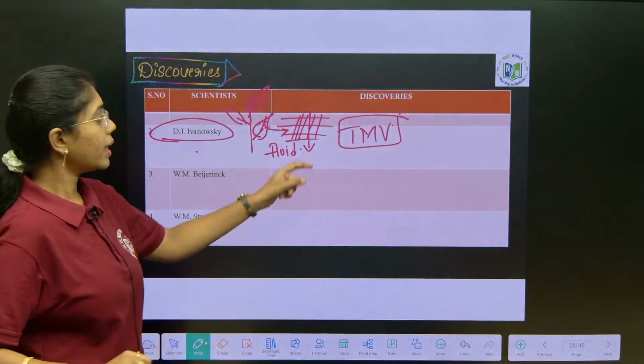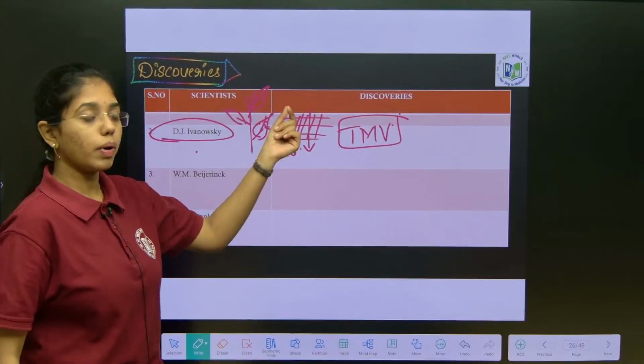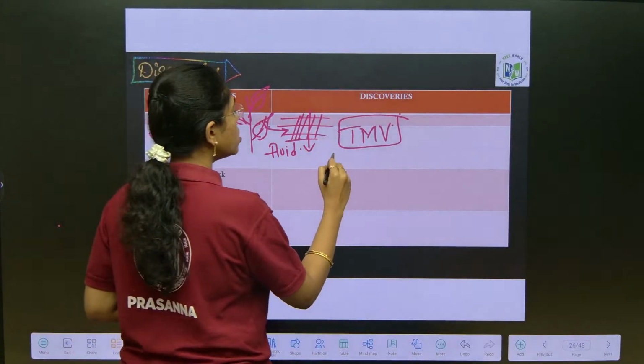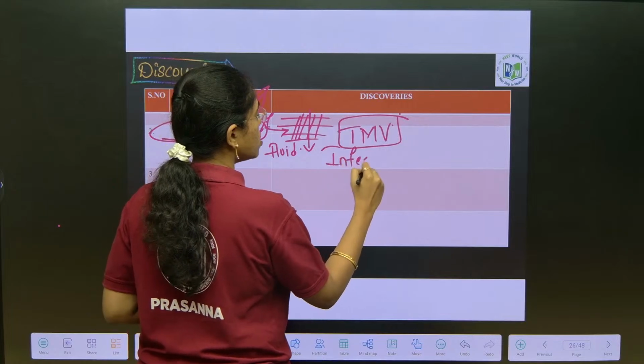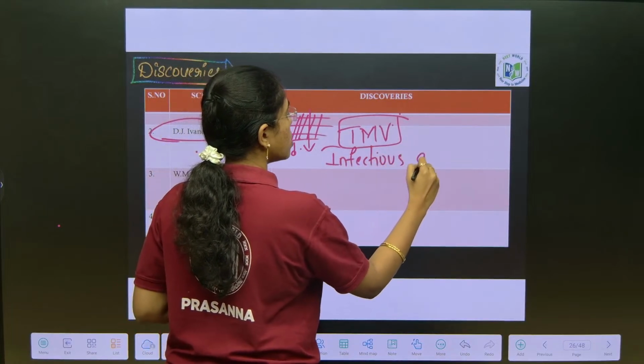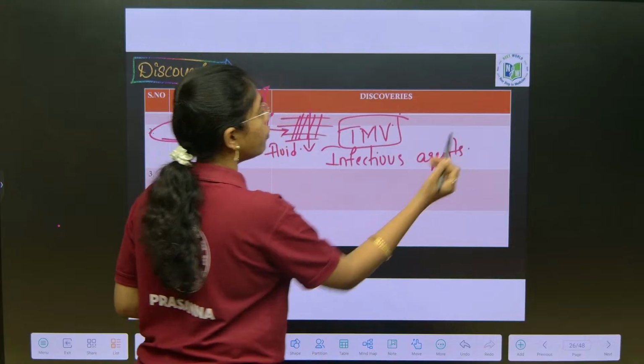He said that the infectious agents pass through bacterial filter paper.